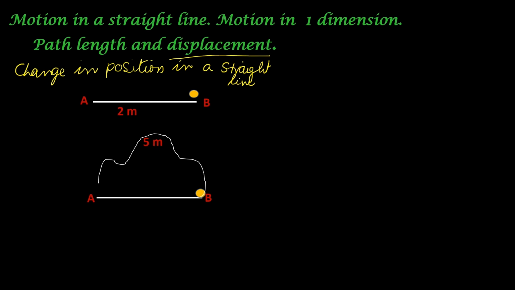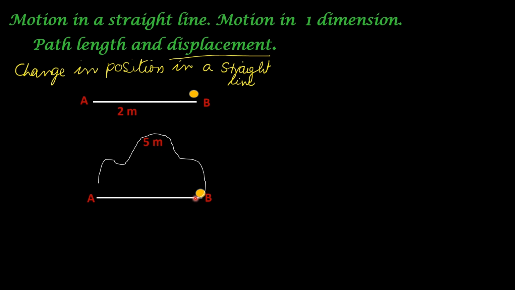Suppose the actual distance traveled is 5 meters. So, in the second case, the path length traveled by the object is 5 meters. That is the total distance traveled. But its displacement is only 2 meters. Although it has traveled 5 meters, its displacement is only 2 meters.